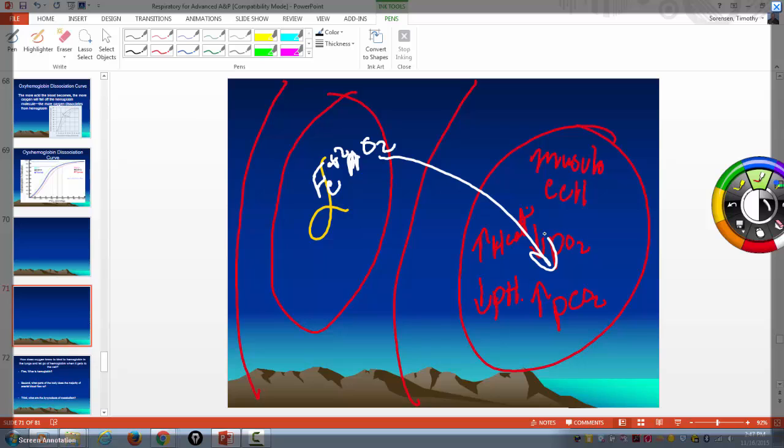So the more metabolically active you become, the more heat you will produce, the lower the PO2 will be inside the cell because you're using the oxygen. And because a byproduct of metabolism is carbon dioxide, the PCO2 is going to go up. And because you're going to be making more hydrogen ions, the pH is going to drop. All of which is going to make oxygen fall off the iron on hemoglobin easier.